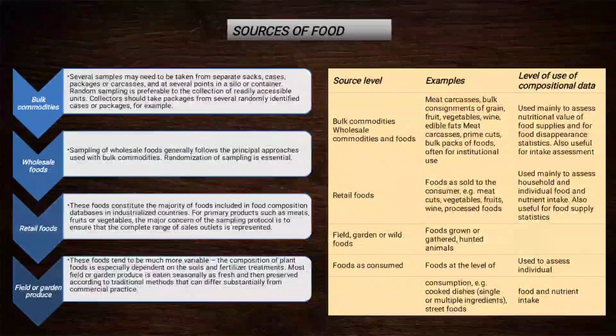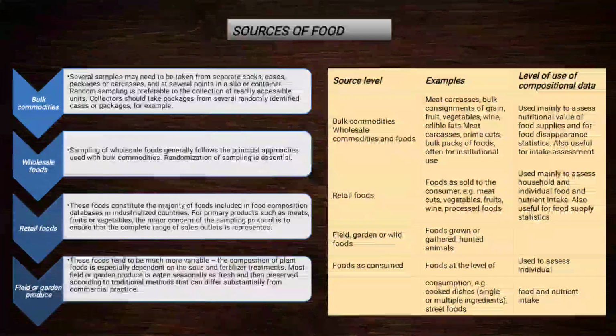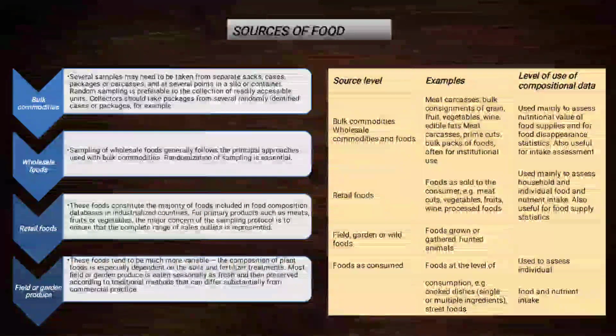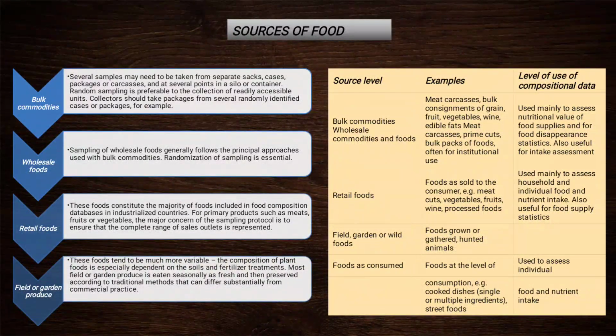Next, source of food. Various sources of foods are needed. Bulk commodities: several samples may need to be taken from separate cases or packages at several points in a container, which is similar to random sampling, and is preferable to the collection of readily accessible units.